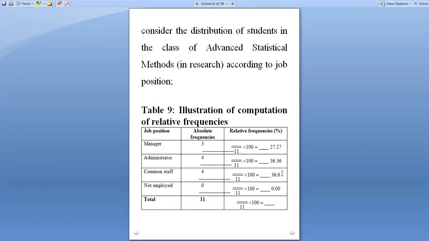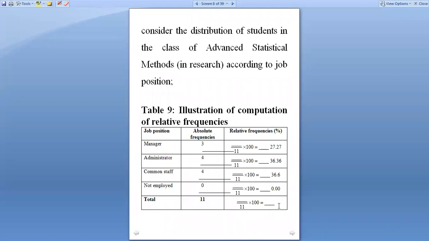And finally, when you add these, it should give you 100. Add on your calculator and see that you get the overall total down here as 100. So it is 36.36 plus 36.36 plus 27.27.